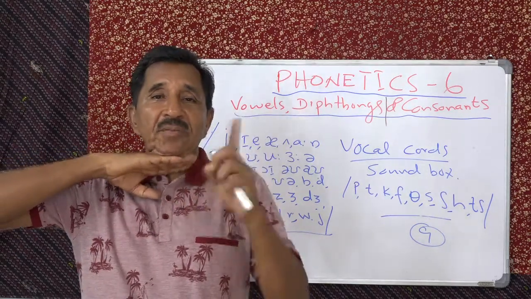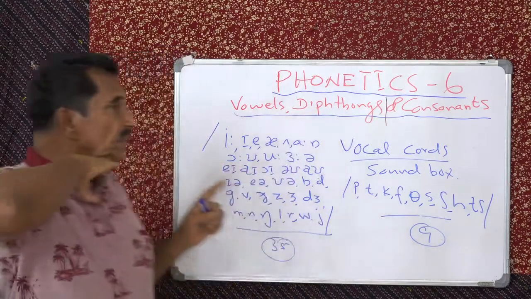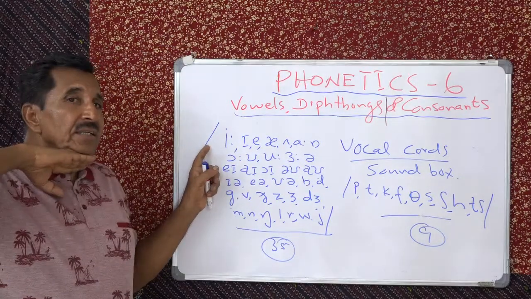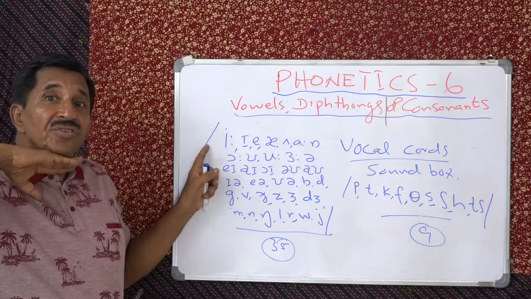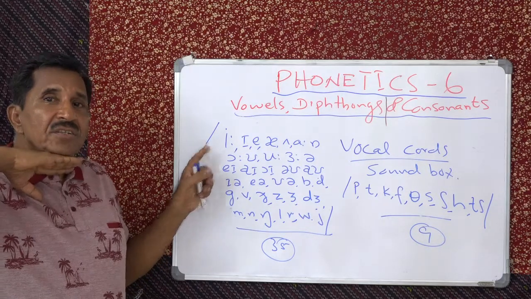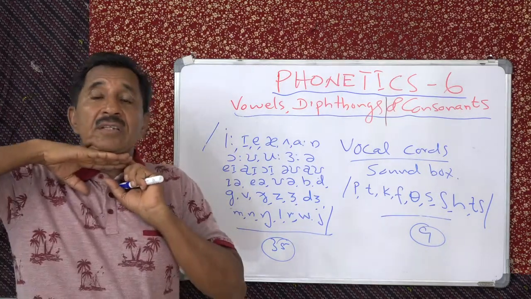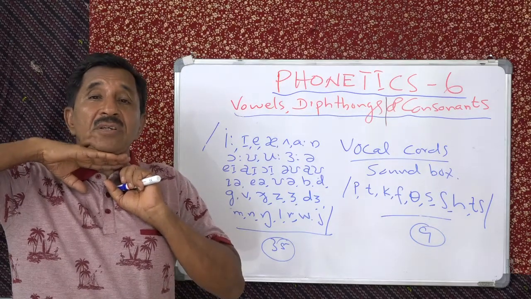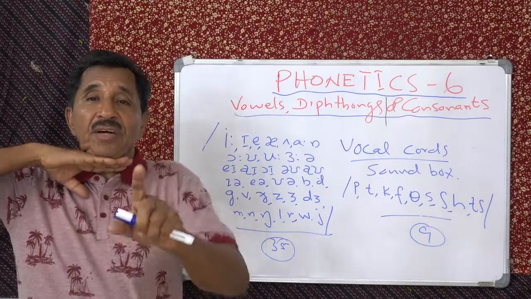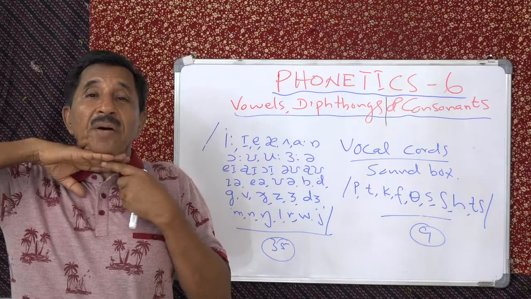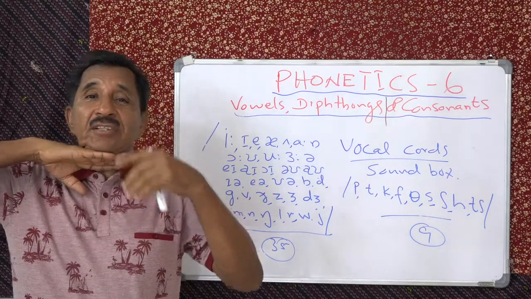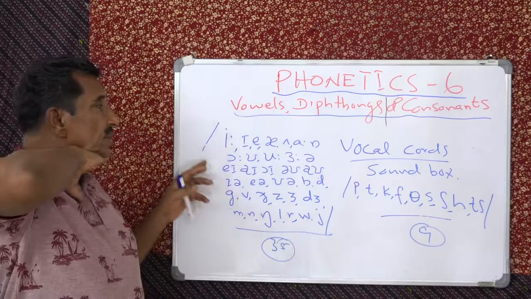Vibrate means fluttering movement. But when you start saying E, you can see the sound box pushes itself forward and touches your palm, and you can feel the vibration. Understand that?